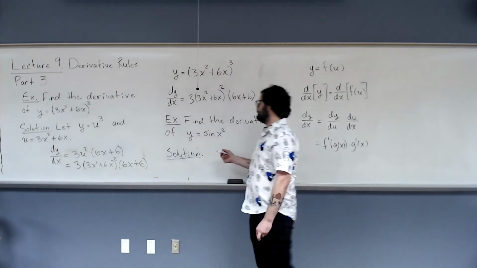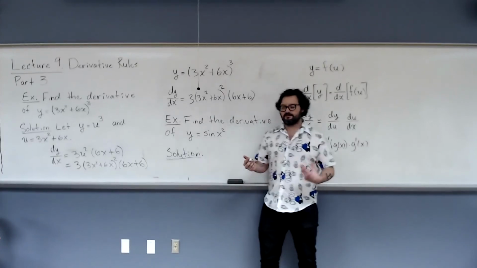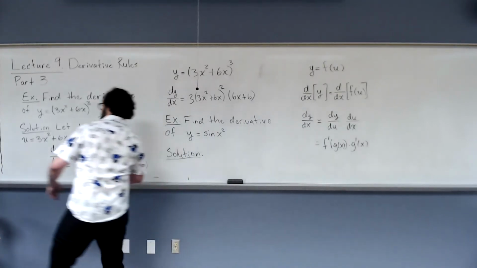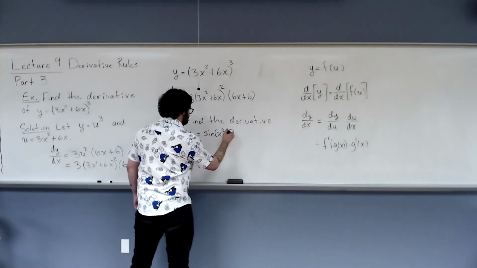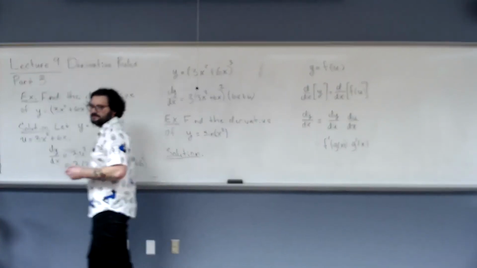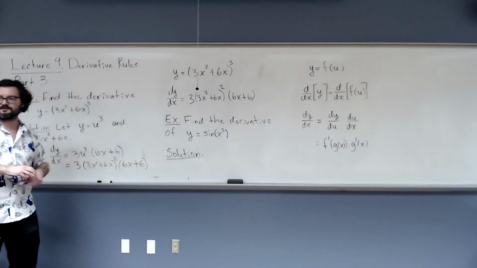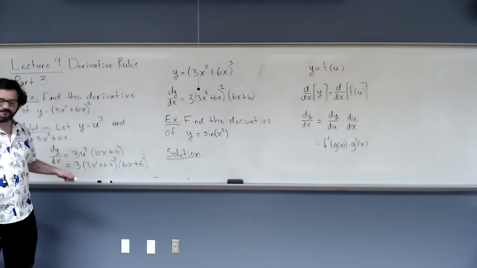So what's the derivative of the outside function? Maybe I should highlight that. It's sine composed with x squared, so the outside function is sine.